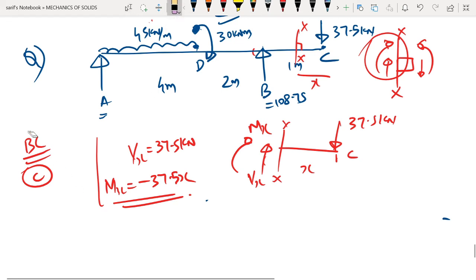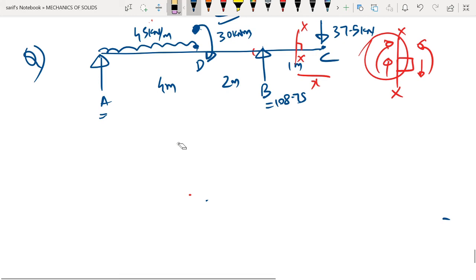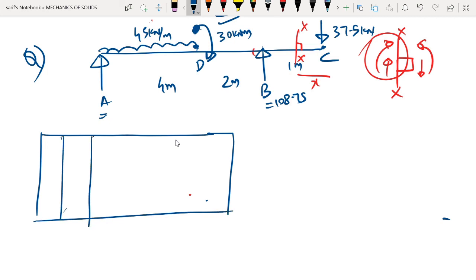Now what we have to do is we need to find out, so if we try to tabulate these values, this would be the region, then the origin, then we have expression for Vx, and we have expression for Mx.